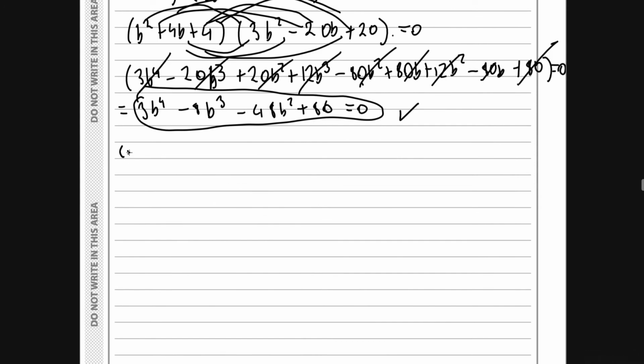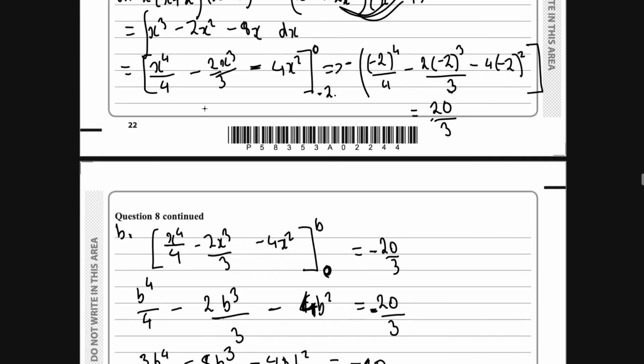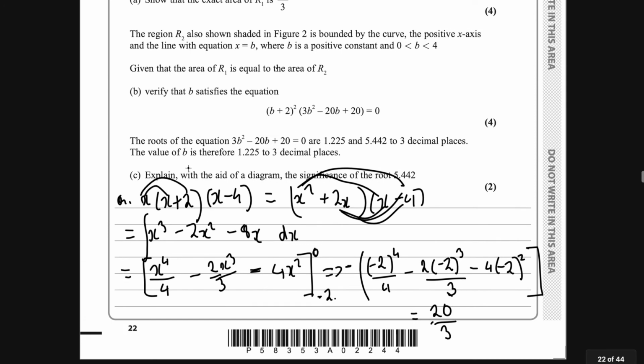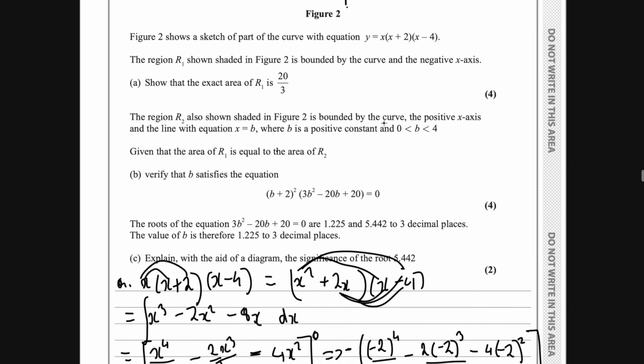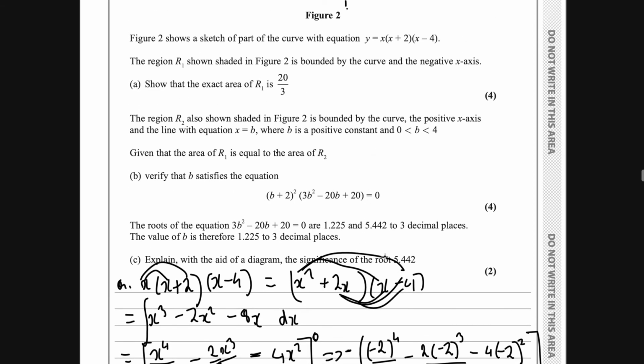Okay, so for part C, what we're asked to do is explain, with the aid of the diagram, the significance of the root 5.442. And to understand this question, what we really need to do is take in this information here.